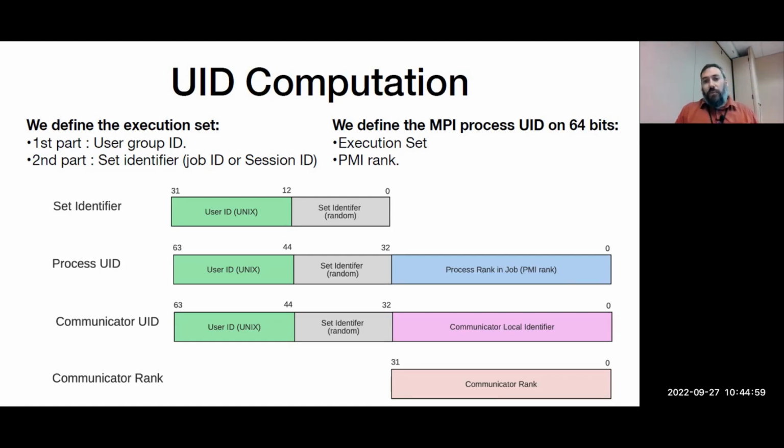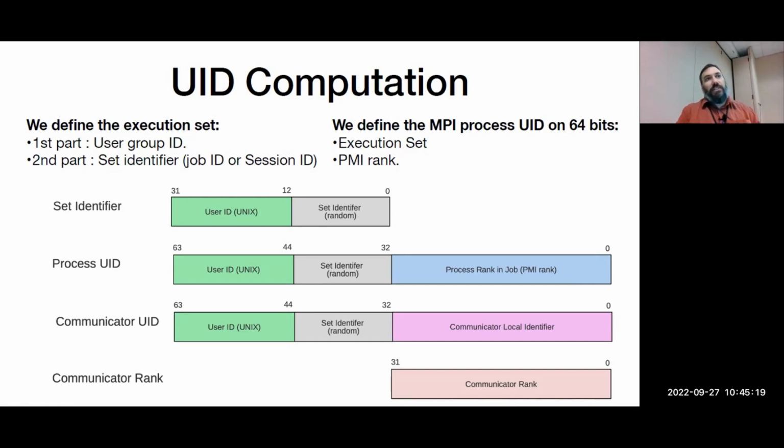And also we have a set identifier, which is a random number stored in the file system. So we have a unique way to identify what we call the set identifier, which is how we identify each group of processes.